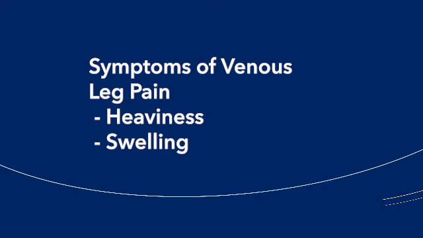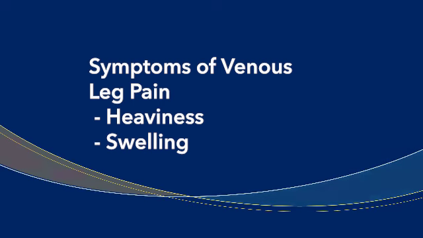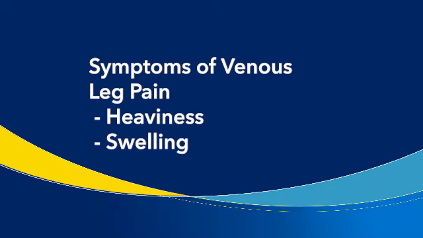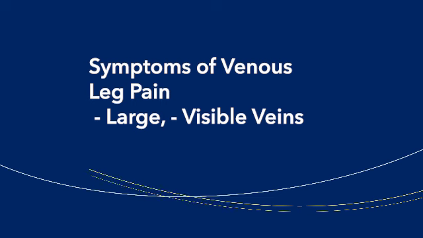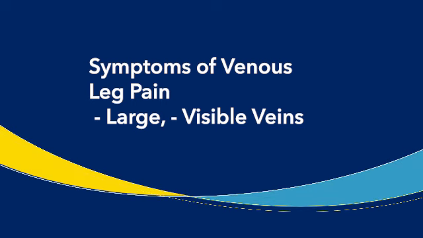Some people will notice swelling, like they'll notice swelling in their ankles at the end of the day, and then when they wake up in the morning, they'll notice that their legs are back to normal. Or you may have visible veins. You may have spider veins or larger veins, or even sometimes those bulging varicosities, those varicose veins, which can indicate that you're having some kind of venous problem.